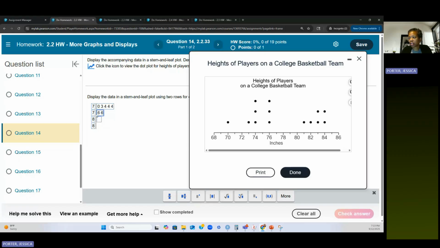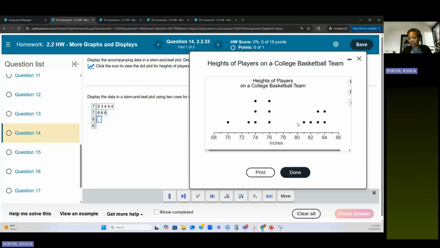Right, 6, 6, 6. And then the last 8, what are we going to have there? About 81, 82, 83, 83, 84, 84. I don't have anything at 80, so I wouldn't have a 0.